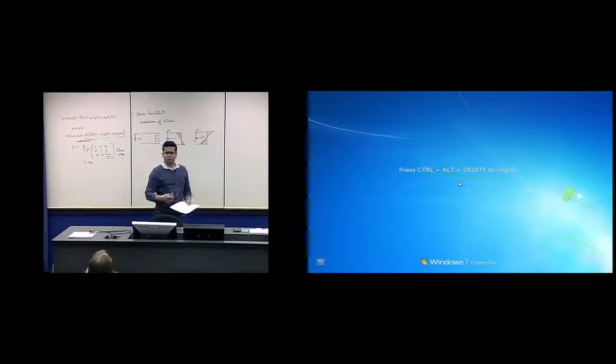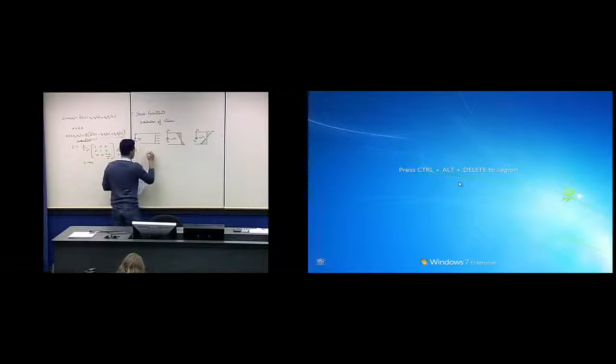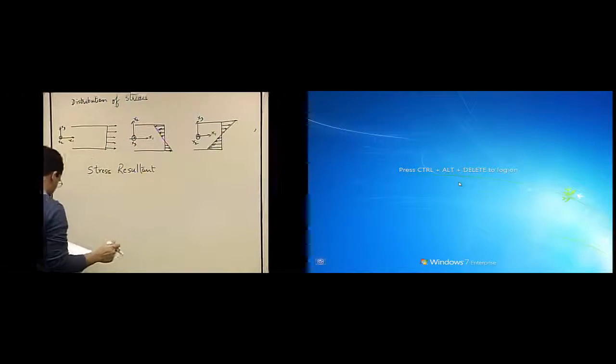Now, if we have to evaluate the stress resultant, so the stress resultant for the axial component is written as N1 of x1. Again, it's a sectional quantity, would be equal to the integral over the area of cross section for all the stresses that are on the section.